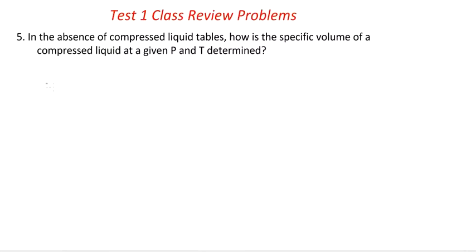Alright, so there are 2 ways we can consider this. When we're looking at a PV or a TV diagram, let's do a PV diagram. We have a steam dome, and the walls of the steam dome are pretty steep.